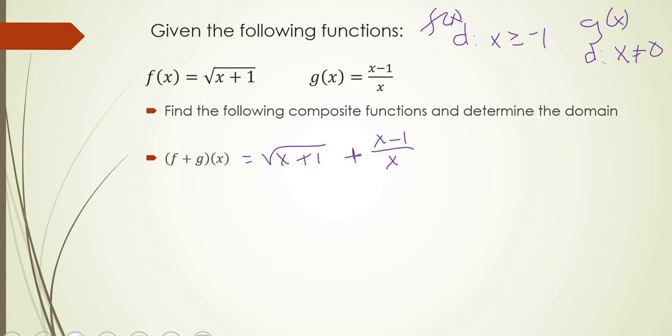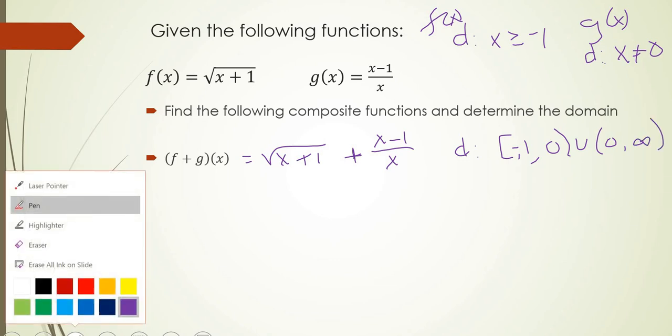Since the domain for f of x has to be greater than or equal to -1, but cannot have 0, my domain here, using interval notation, goes from -1 to 0, non-inclusive, combined with 0 to infinity.